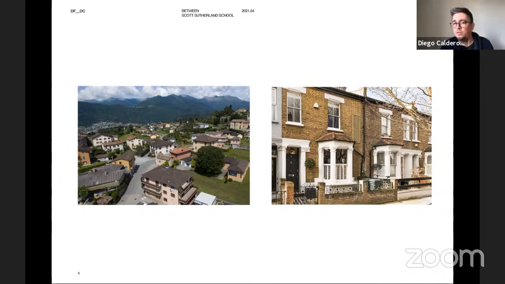Then if you want to build a house in your plot, depending on which village or town you are, you need to basically draw an offset from the limits, and then you are more or less free to build your freestanding building. And this decision alone, this planning and territorial vision, is the most important and the most determinant in the development of a context like the Swiss one.